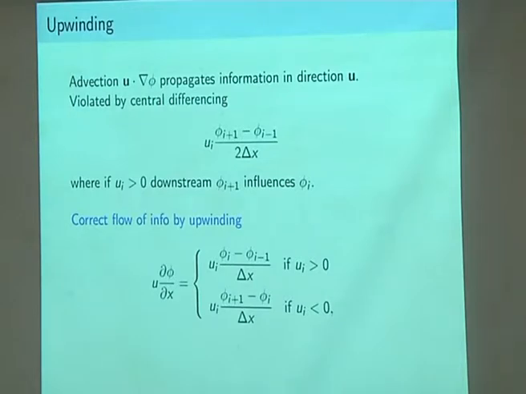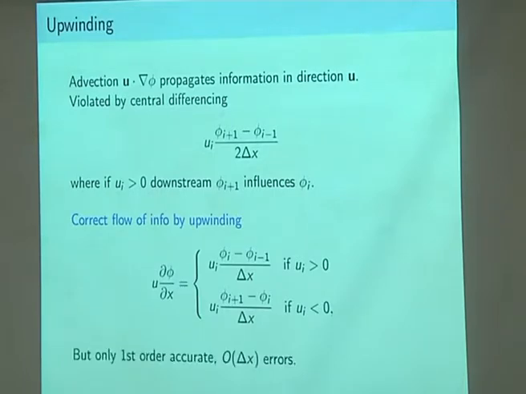If u is negative, we use the current information and the information we've come from, which is the point i plus 1. Okay, so this is nicely propagating information. It's not using information where we're going to tell us how to get there. But it's only first order accurate.